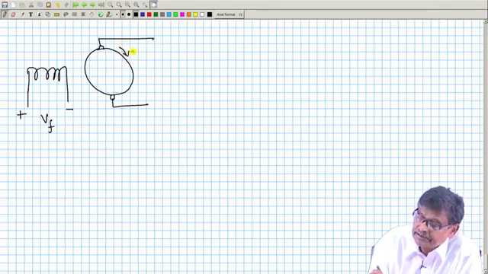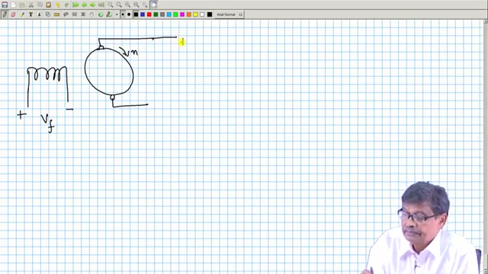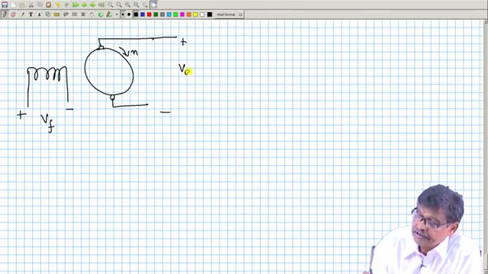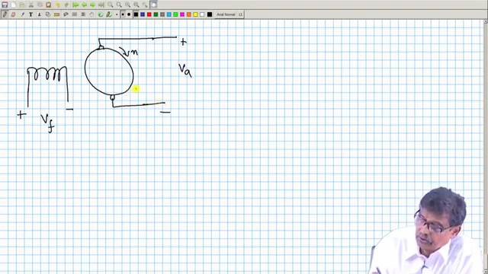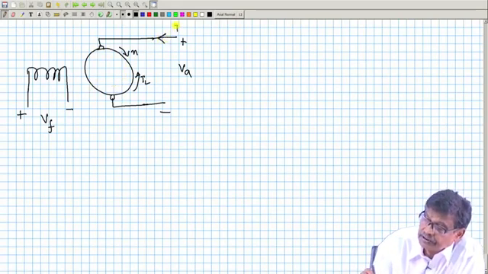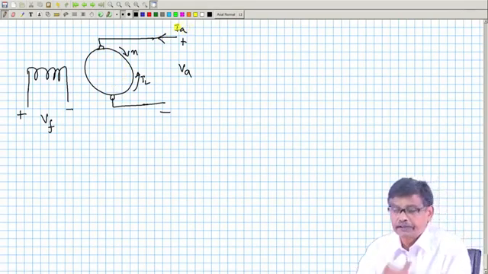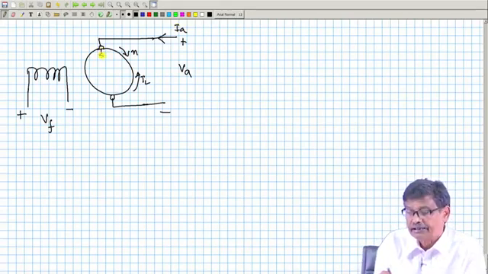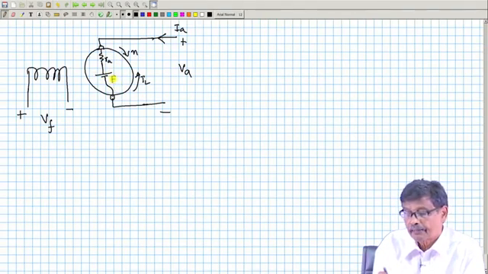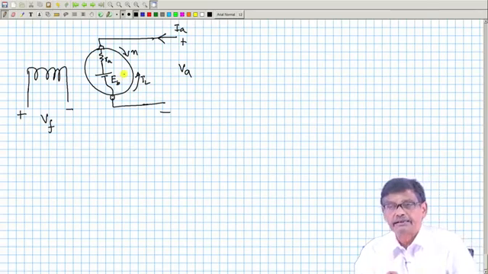Suppose the machine is running steadily with this armature speed, there is a load torque also acting in the opposite direction, and the conductors are carrying current, which you always show this way in the armature circuit. Now, inside the armature it is Ra and the back EMF, which is k phi n.